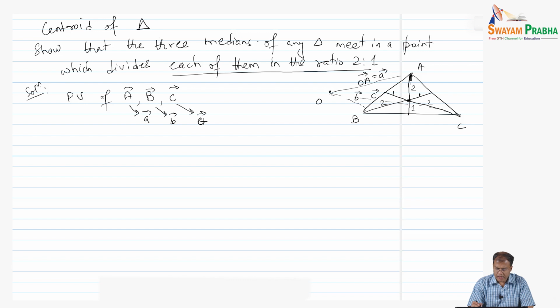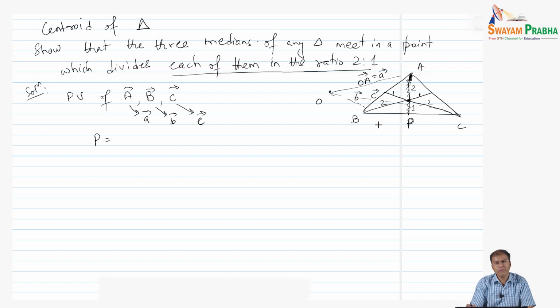And let me take one of the medians, and let me say that the end point of the median is at point P. So P is dividing BC in equal ratio.